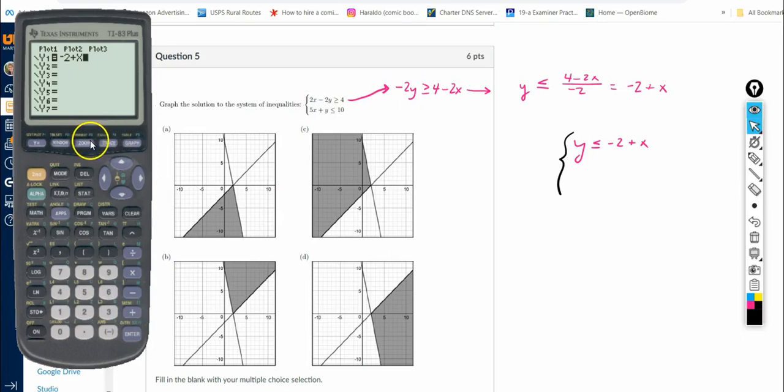And let's do a zoom 6. Okay, and we want that line and everything underneath. Oh, so I'm going to do that in red. We want the line and everything underneath.